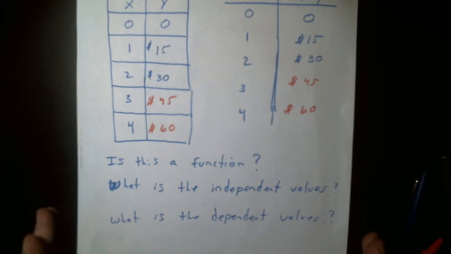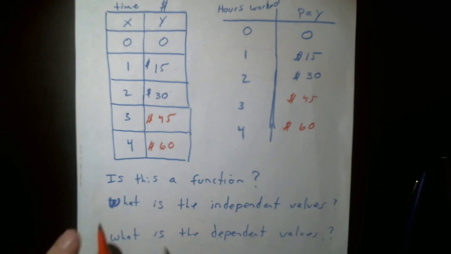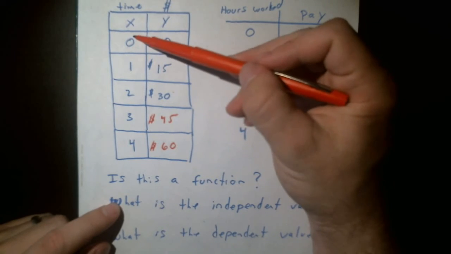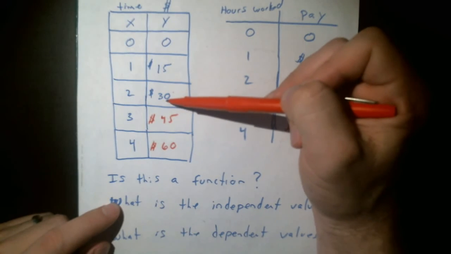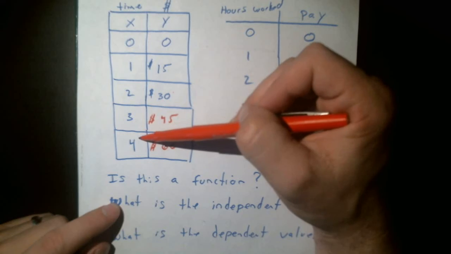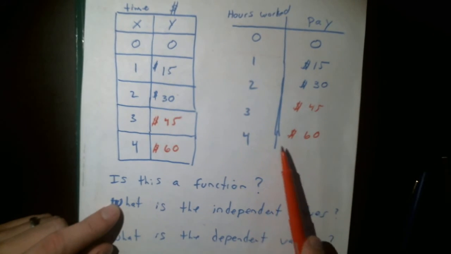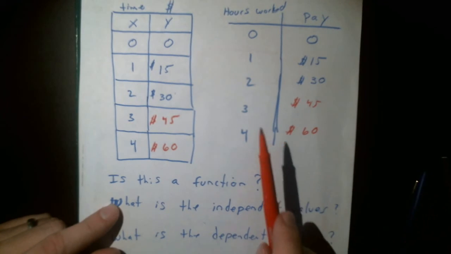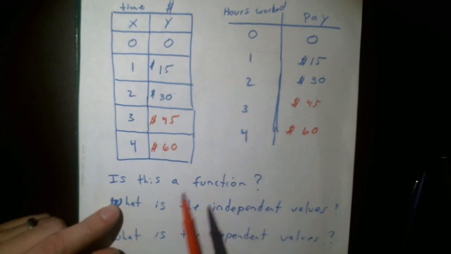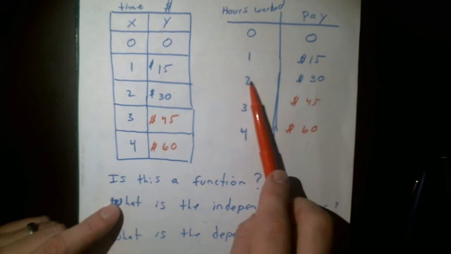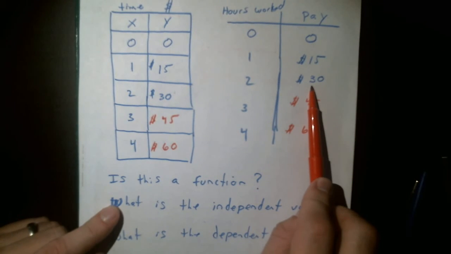So look at this. Going back, what is a function? A function is: for every input, I get exactly one output. So for every input, I get an output. Do I get the same output for one? Let's say if I work 2 hours, I get $30.